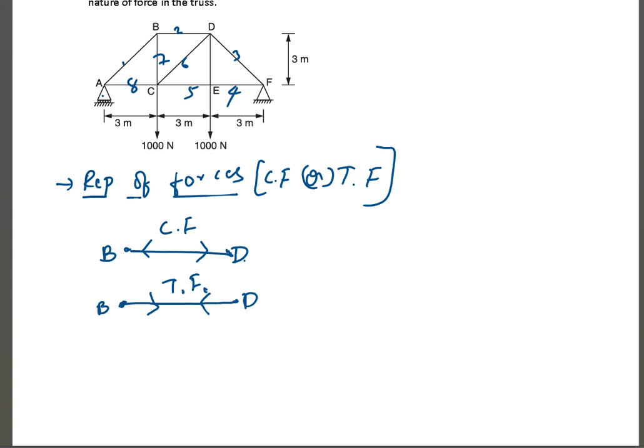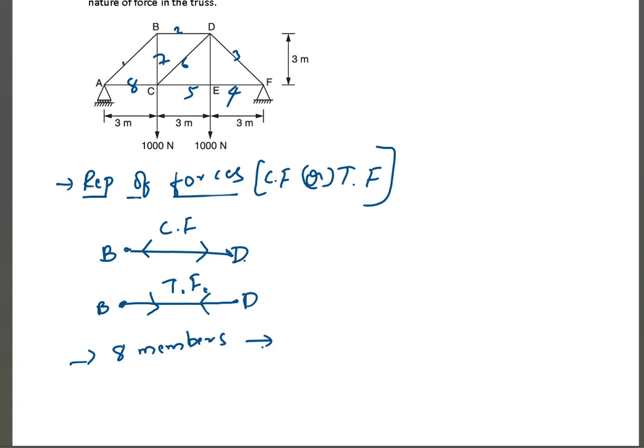So now you have to find the member forces with the help of the method of joints. What type of forces are present in the members? It may be a compressional force or it may be a tensional force. So in total there are 8 members.